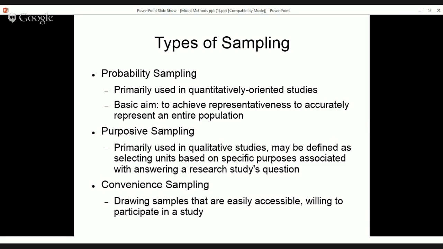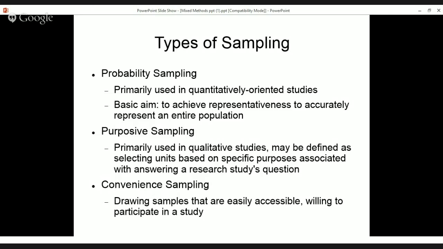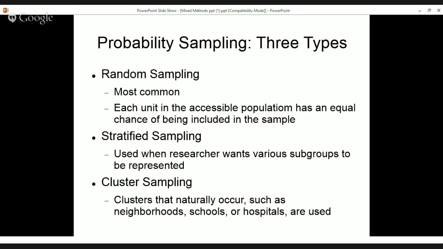And then, of course, there's convenient sampling, drawing samples that are easily accessible, willing to participate in the studies. Obviously, the names for these particular types of sampling kind of define themselves. With probability sampling, we have 3 types.